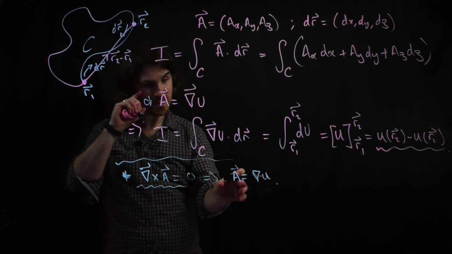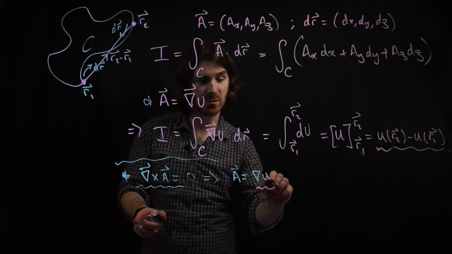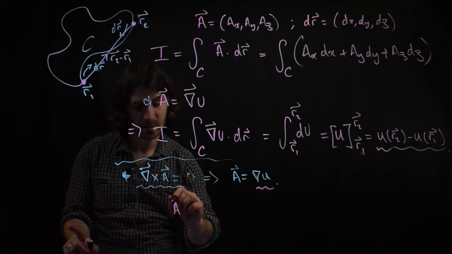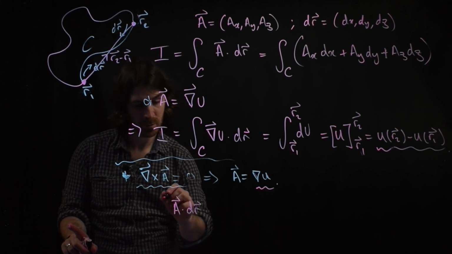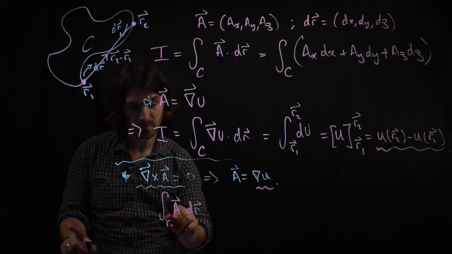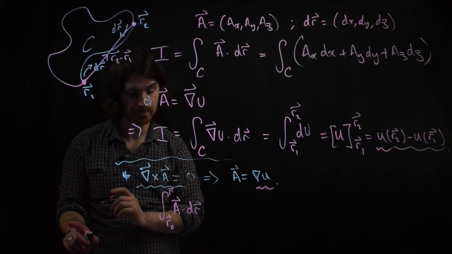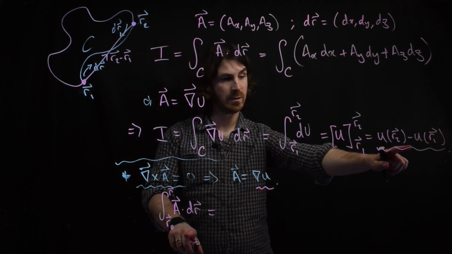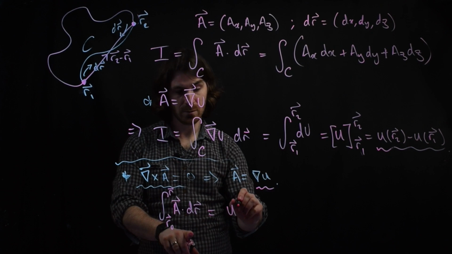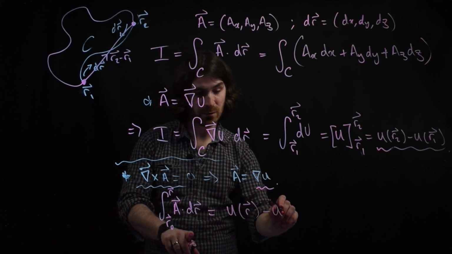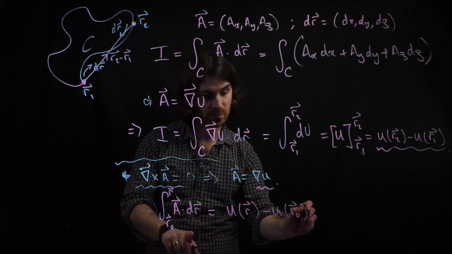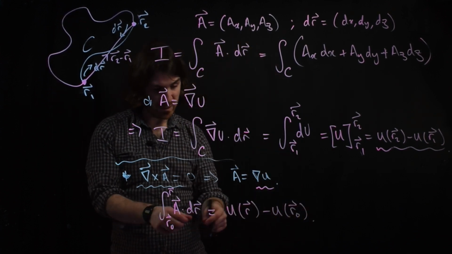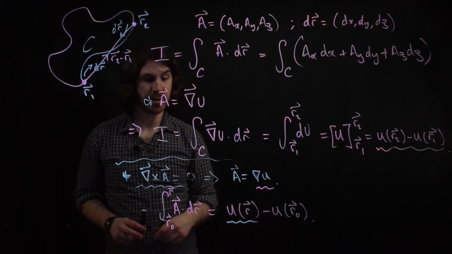And we can actually use this to find the potential u. We take the integral of A dot dr between 2 points, some r0 and r. This will be u evaluated at r minus u evaluated at r0. So this tells us the potential at some arbitrary r.